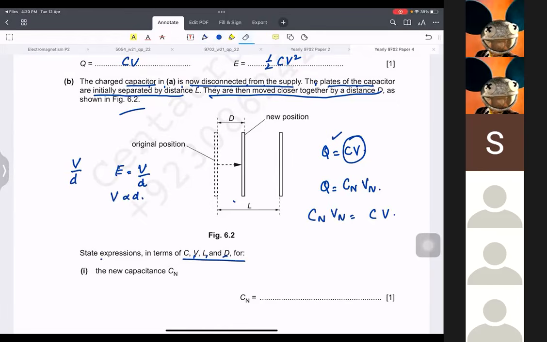If the previous voltage had a distance L, the new voltage would have a distance L minus D. Okay, so that's proportionality. So we can use Cn times L minus D, and then Cn is going to be CL over L minus D.